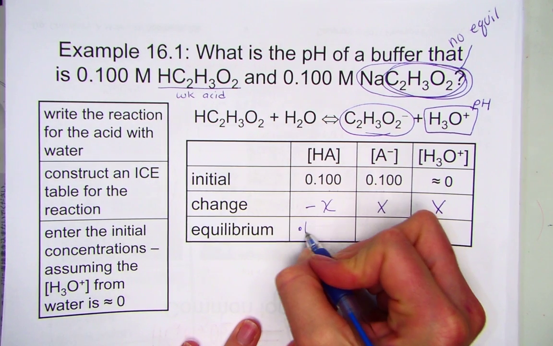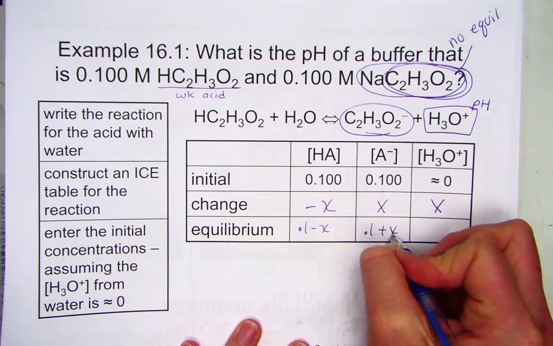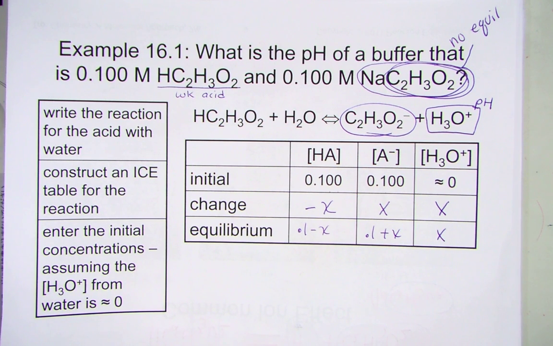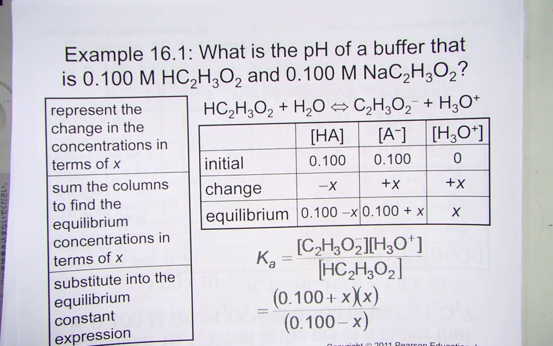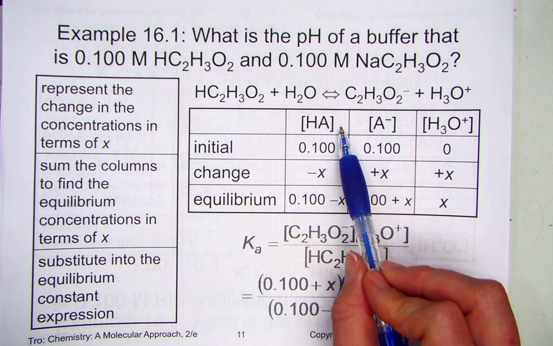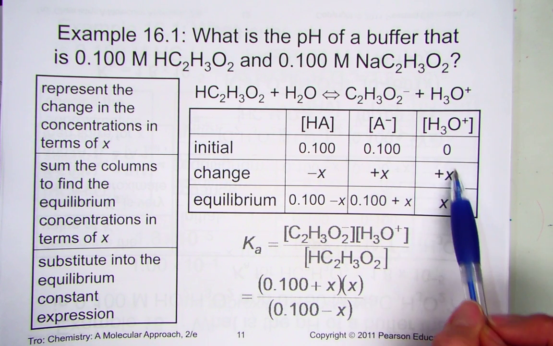Here we would have 0.1 minus X, 0.1 plus X, and the value of X at equilibrium. Let me turn the page and we'll catch up the ice chart to the second page here. So we've said HA gets used, A negative gets made, and hydronium gets made.